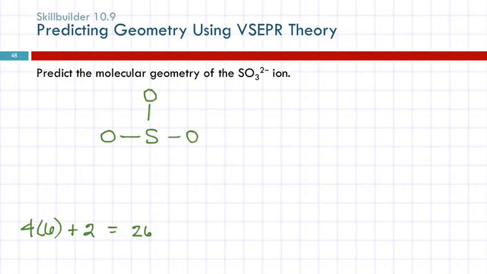2, 4, 6, 8, 10, 12, 14, 16, 18, 20, 22, 24, 26. Yes? Did you distribute to sulfur last because it's most central? It doesn't really matter how you distribute the electrons, as long as you get the octet.